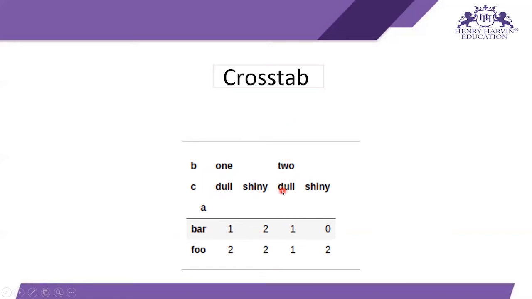For two dull you have one bar, one foo, and for two shiny you have zero bar and zero foo. That's going to be a crosstab, and I'm going to show you how to make this crosstab in the coding session.